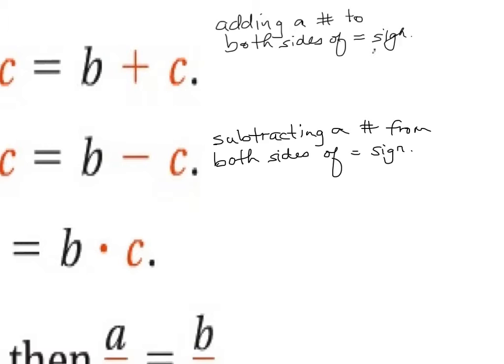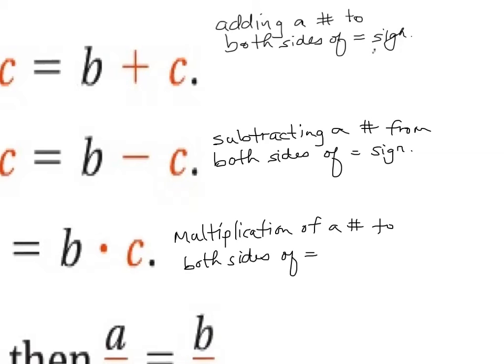If it's just on one side, then it's something completely different. Okay? This is multiplication of a number to both sides of the equal sign.